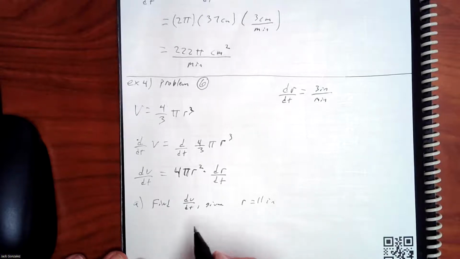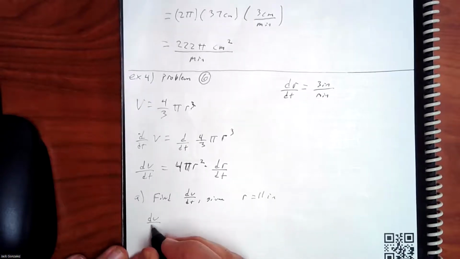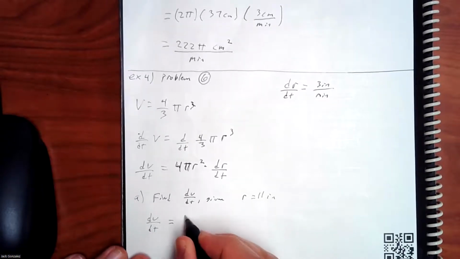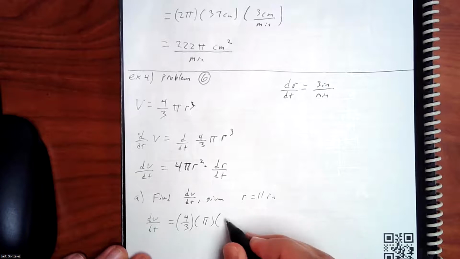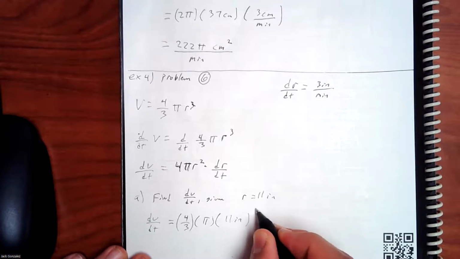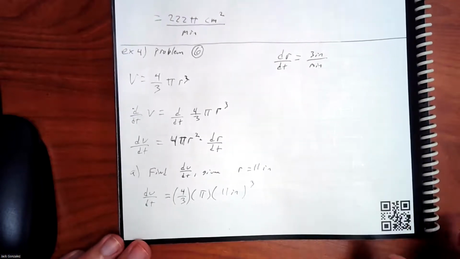Okay, so plug it all in. So dV/dt is equal to 4/3 times pi times 11 inches cubed.